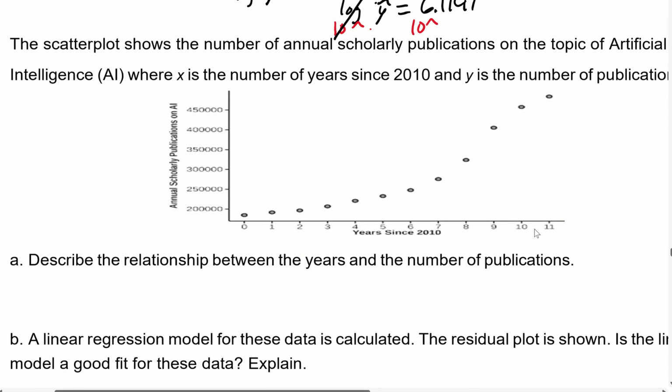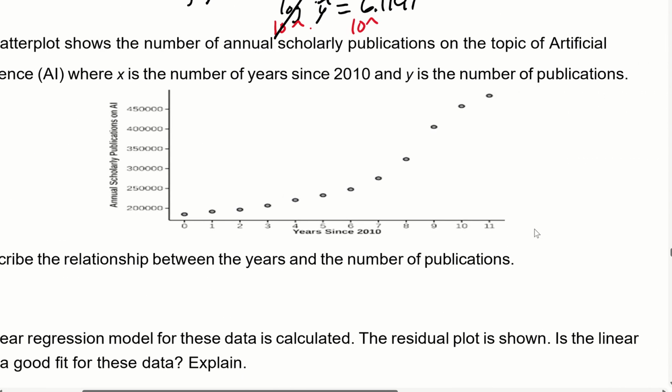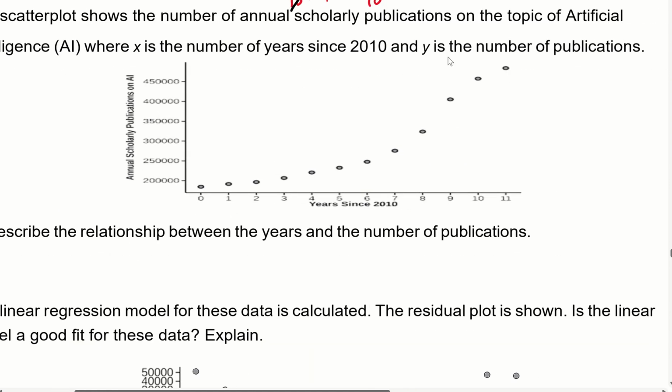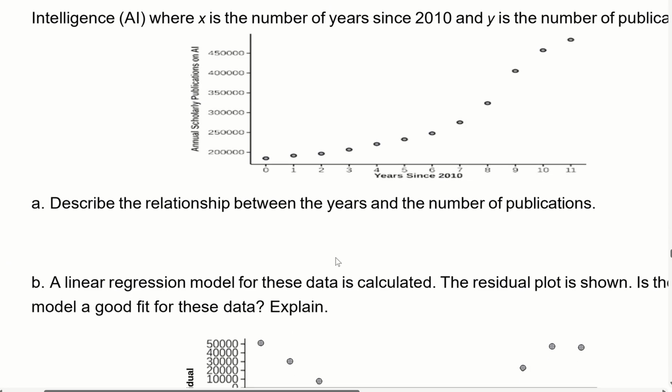Okay, so 26, the scatter plot shows a number of annual scholarly publications on the topic of artificial intelligence. X is the number of years since 2010, Y is the number of publications. Describe the relationship between the two. Okay. All right, so it does appear to be curved and doesn't appear to be linear, okay?